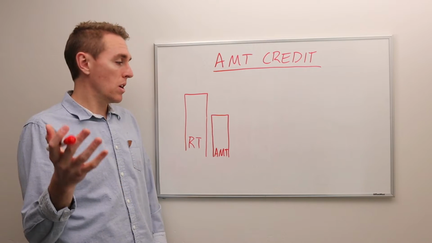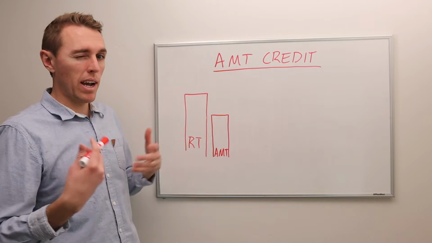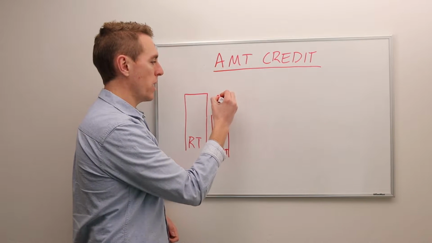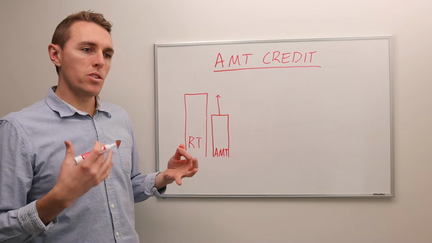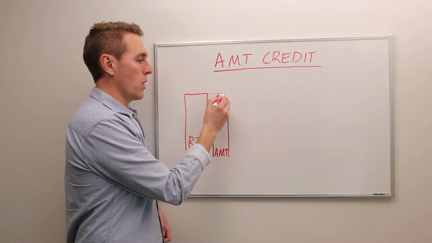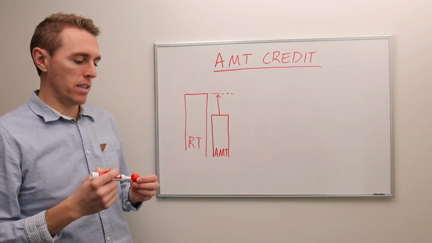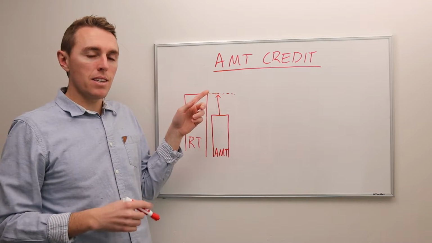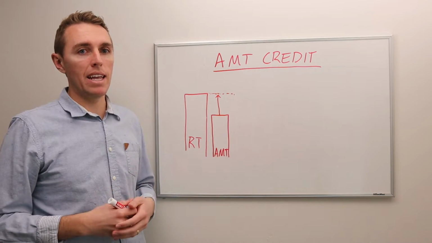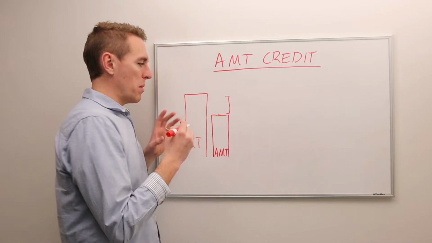And what the AMT crossover is saying is, hey, because there's all this space when you're exercising your incentive stock options, let's go ahead and only exercise up to this point so that we don't actually trigger the alternative minimum tax, because AMT is only triggered when you exceed this line right here, where it exceeds the regular tax calculation. So if you implement this, you are basically eliminating the opportunity for you to get back any AMT credit.